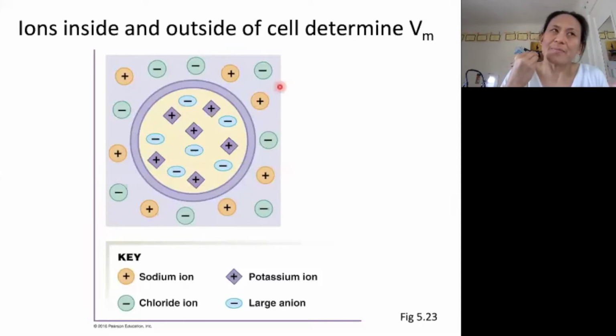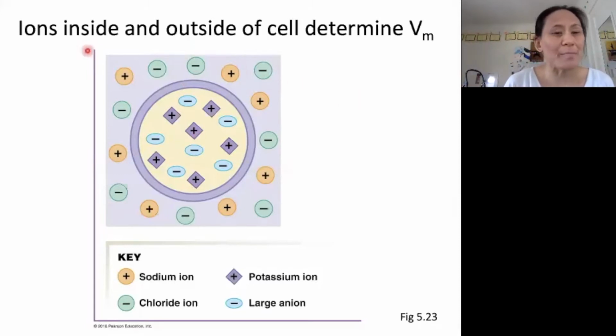The membrane potential of a given cell is going to be determined by the ions that are inside and outside of that cell. That makes sense because ions are charged. So those are the guys that are going to be determining whether the outside is more positive or negative than the inside.